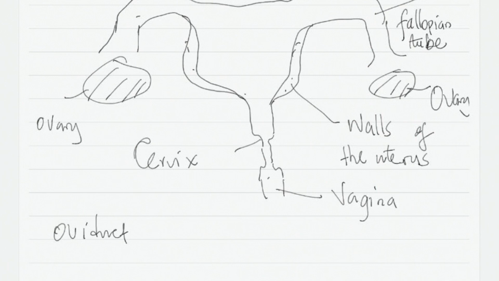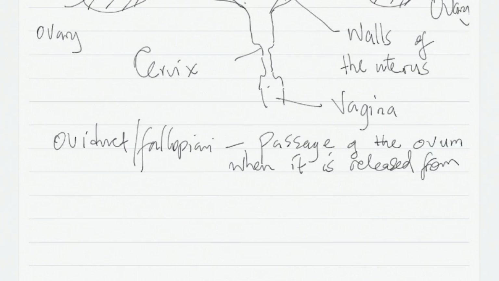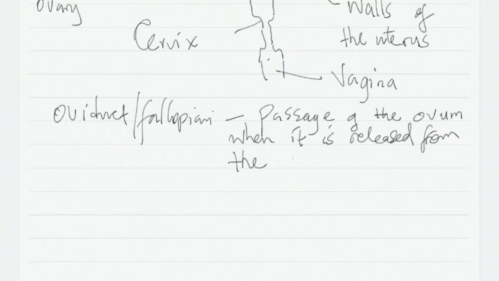The oviduct, like I said, is also known as the fallopian tube. The main function of the oviduct or the fallopian tube is the passage of the ovum when it is released from the ovary.